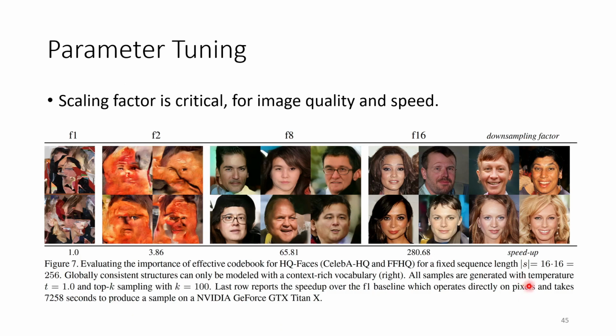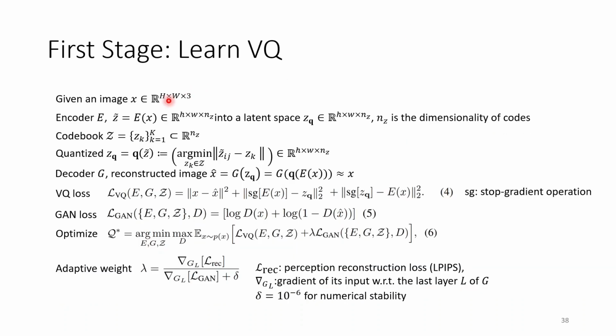Okay. So you can see there's an important factor, the scaling factor, used here. The original resolution is height times width, and when it converts to the latent code, the resolution is only small h times small w, and the scaling factor is f.